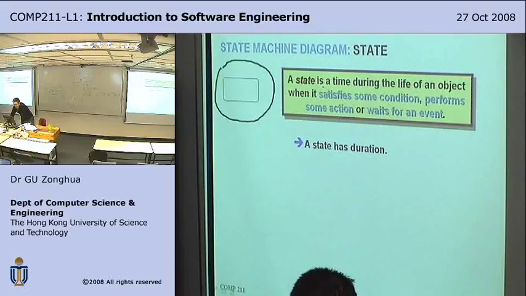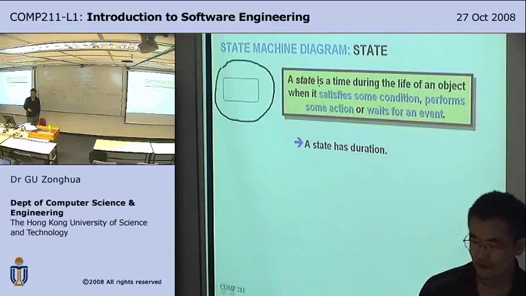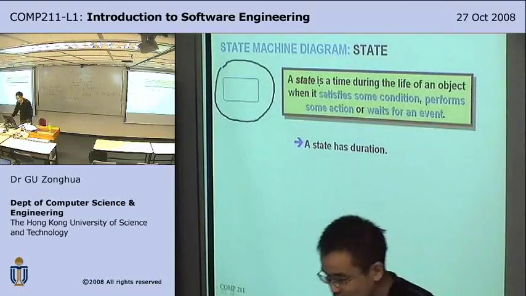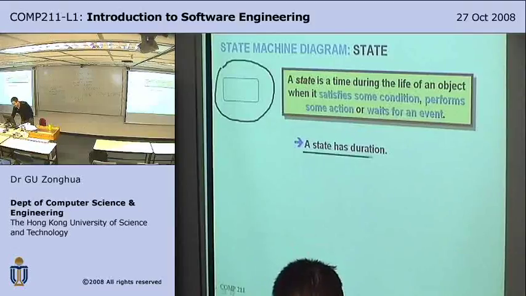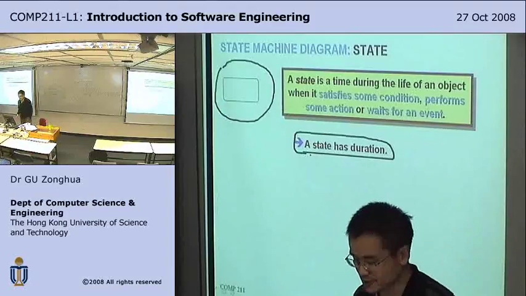So a state is a time during the life of an object when it satisfies some condition, performs some action, or waits for an event. So it has a duration. That is, a state can exist for a few seconds, a few minutes, or a few years.